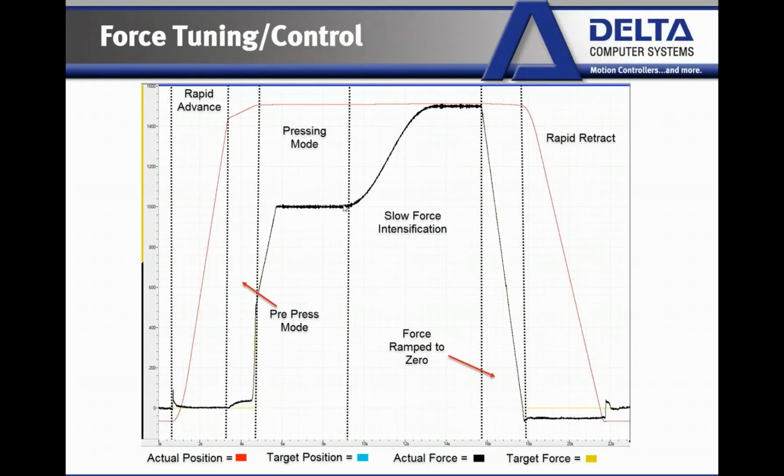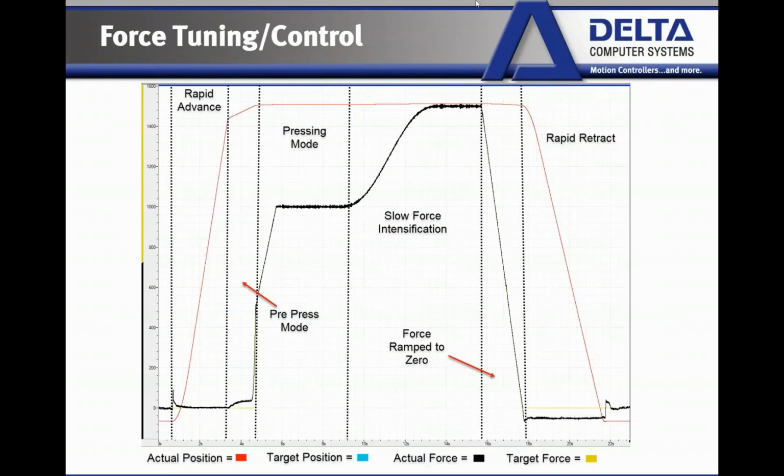So we're delaying for a time, and then perhaps we've got a slow force intensification period, right? Maybe we're slowly moving up to a greater force. For us, this is 1,500 pounds. So we slowly move up until we get to a greater force. We then again delay for a time, and then we'll say this is the end of our press cycle.